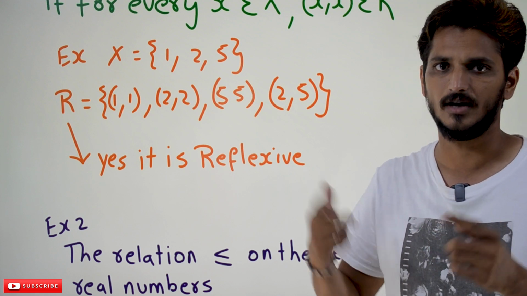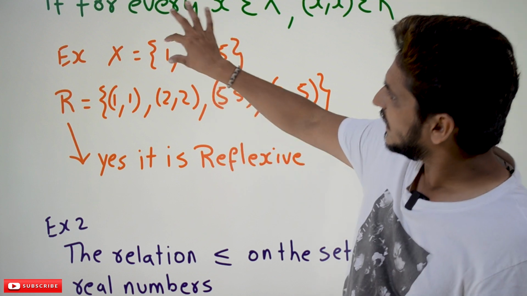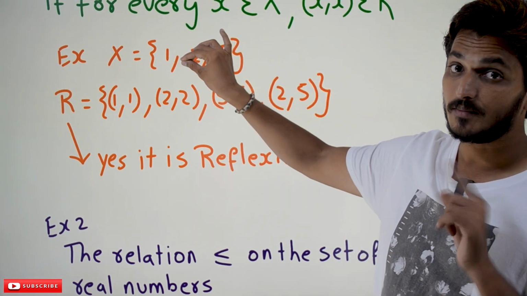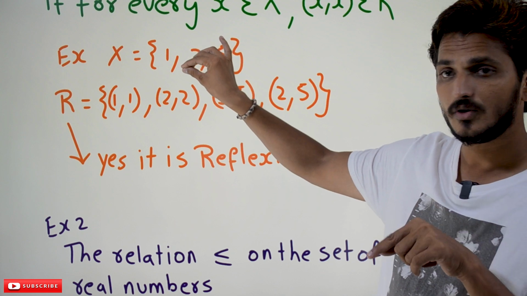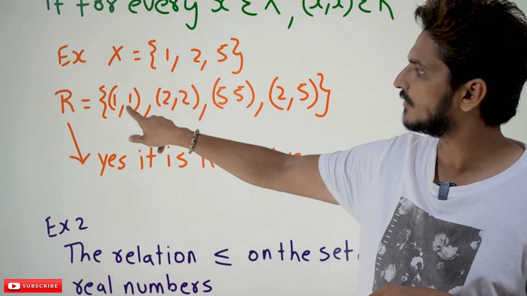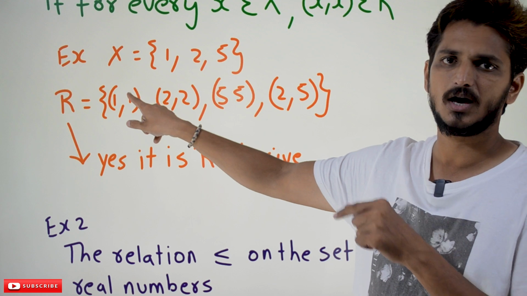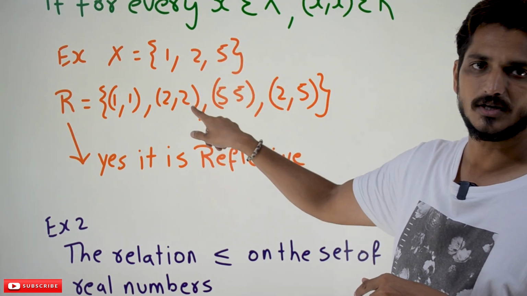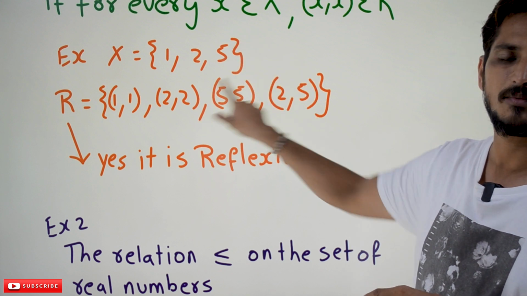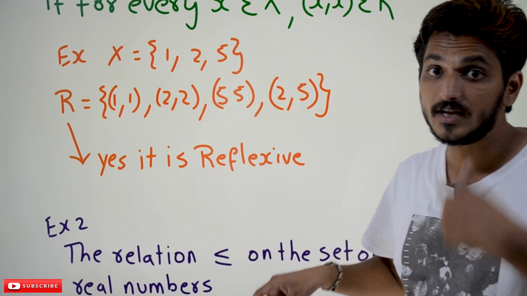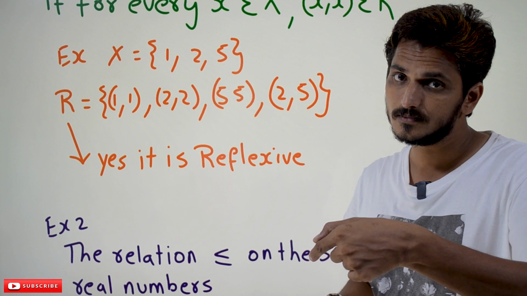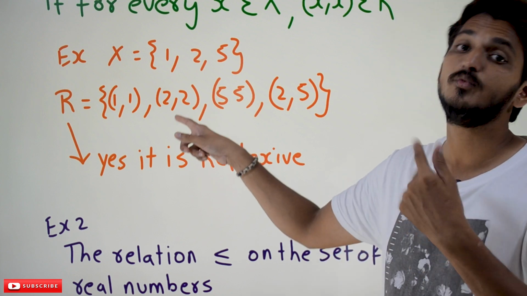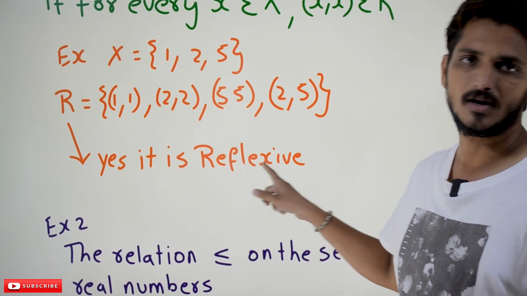You take any element x from X, say 1. x comma x should belong to relation R. Yes, 1 comma 1 is there in relation R. Similarly, you take 2, 2 comma 2 belongs here. You take 5, 5 comma 5 belongs here. For every x belongs to X, x comma x belongs to relation R. Then we say it is a reflexive relation.